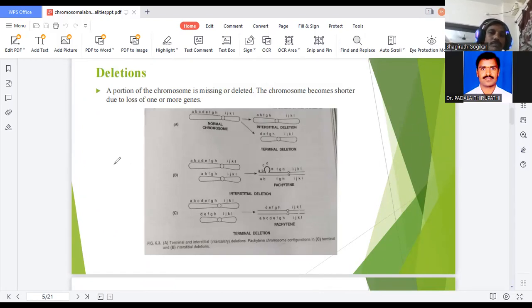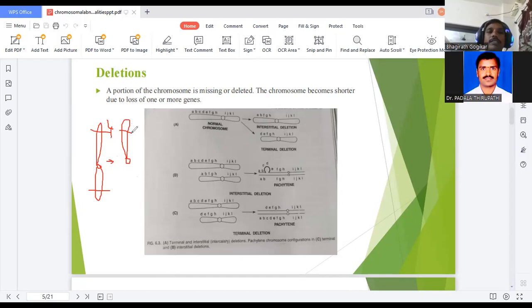For example, if the terminal or apical part of the chromosome is lost, the chromosome becomes very short. This terminal part of the chromatid is removed from the chromosome by one break. This is called deficiency.